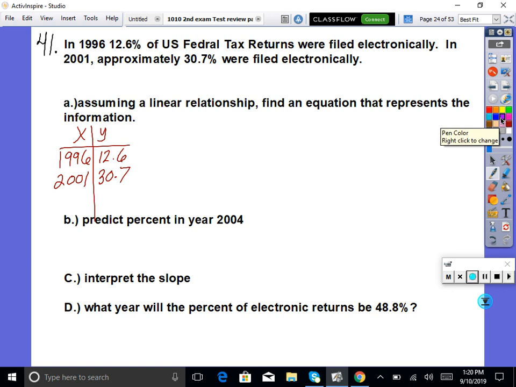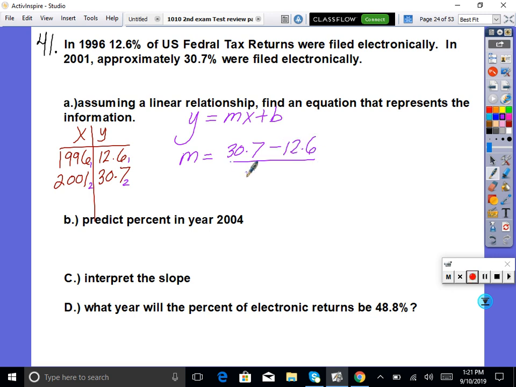You say lines have the form y equals mx plus b. So now I find my slope. So you do y2. So everybody remember this is an x, y, x, y. So this is our first x, first y, second x, second y. So y2 minus y1 over x2 minus x1.